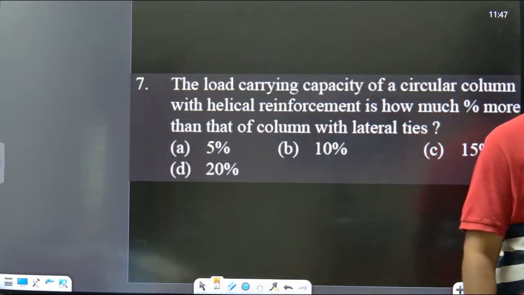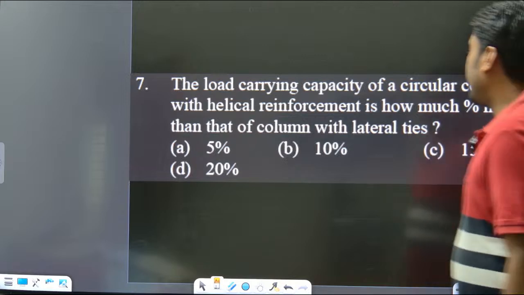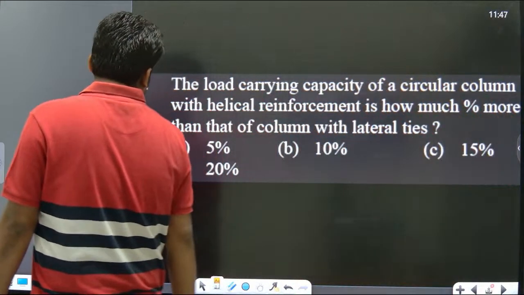Answer this question. What will be the correct answer? This is a very simple question. You can see the load carrying capacity of circular column with helical reinforcement.